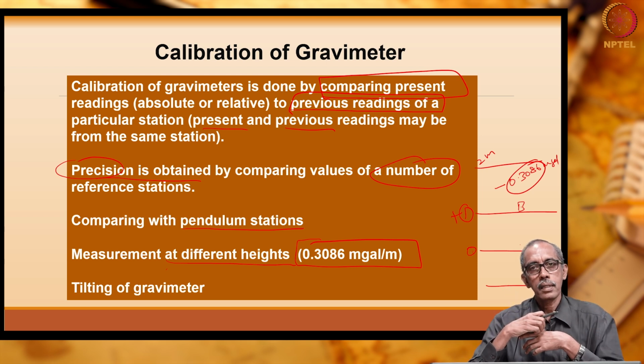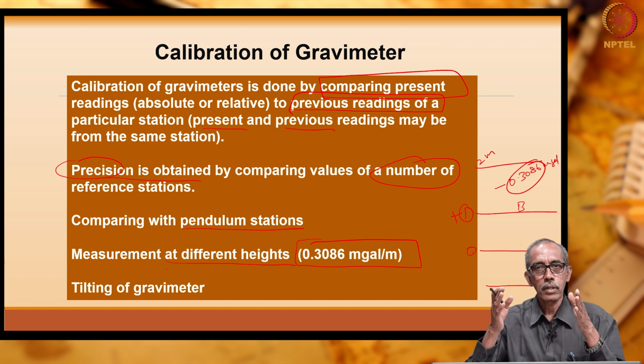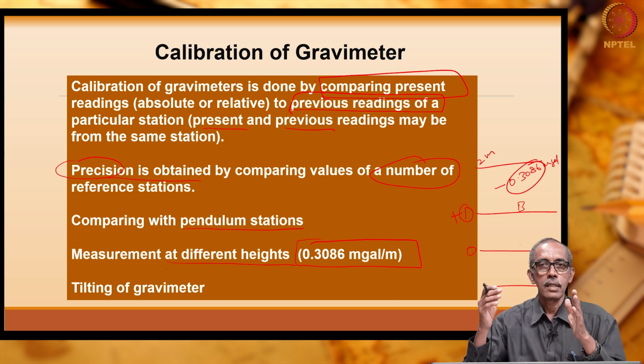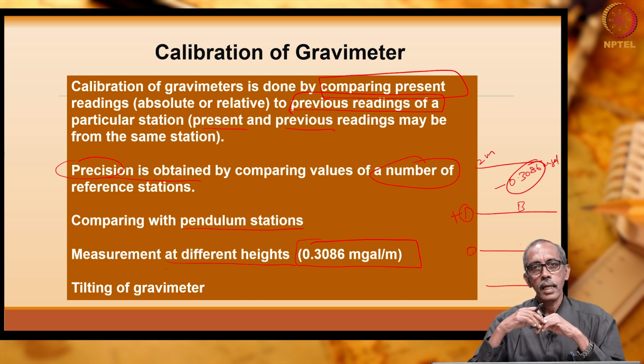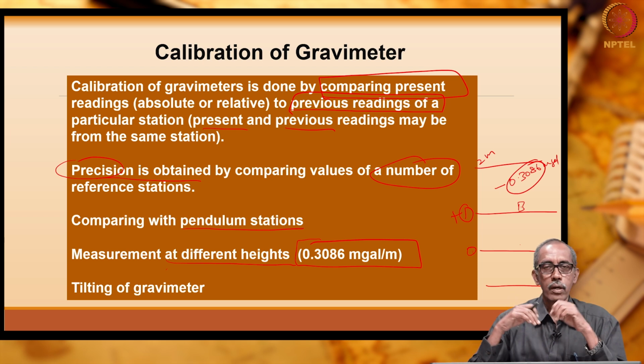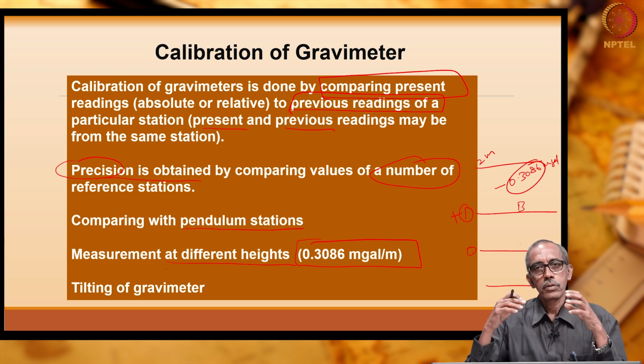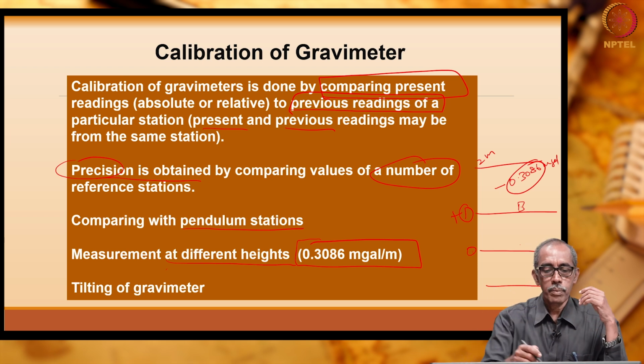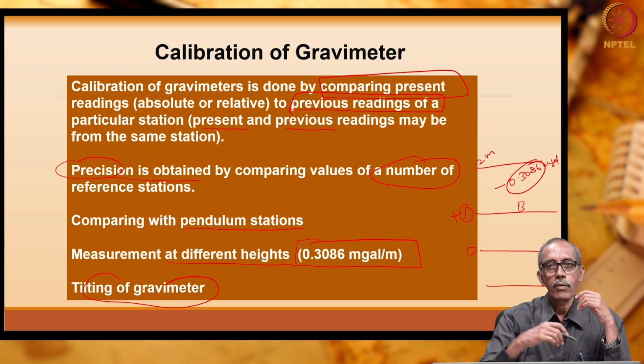Some manufacturers also give a provision: suppose you tilt the gravimeter by 2 degrees, the gravity value should decrease by this much milligal. If you tilt it by 4 degrees, 6 degrees, 8 degrees, this will be the corresponding decline in the gravity value. So, we can use this method also to calibrate the gravimeter.